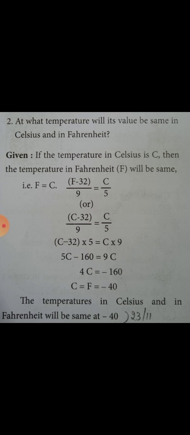If you simplify this, we get minus 40. So the temperature in Celsius and in Fahrenheit will be the same at minus 40. At this temperature, minus 40, both Celsius and Fahrenheit have the same temperature. This is the second numerical problem.